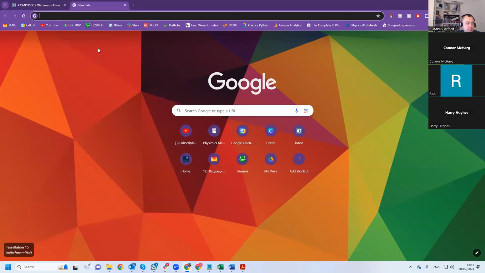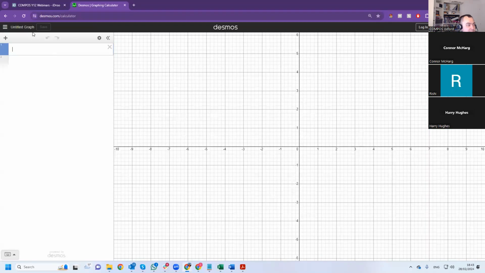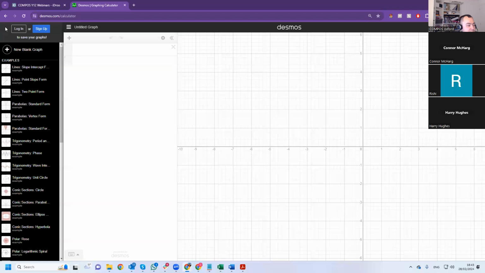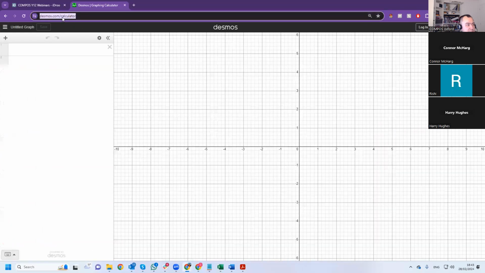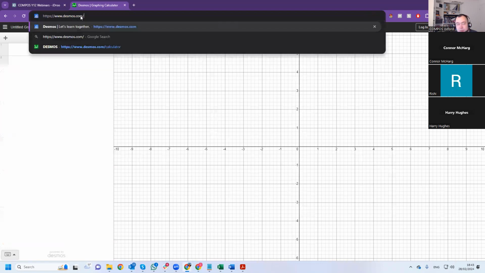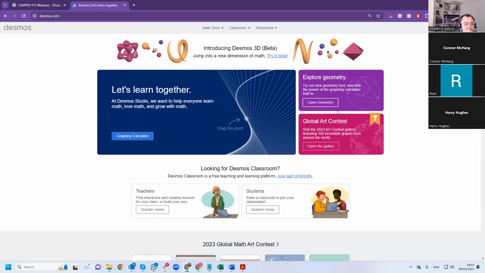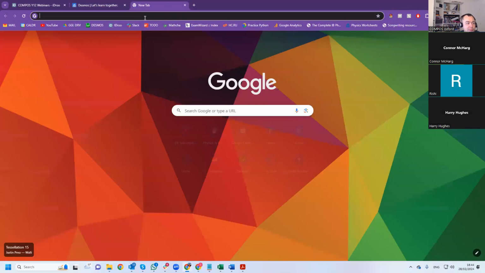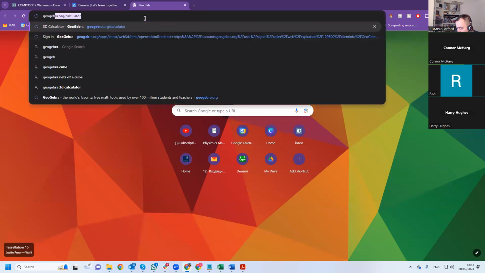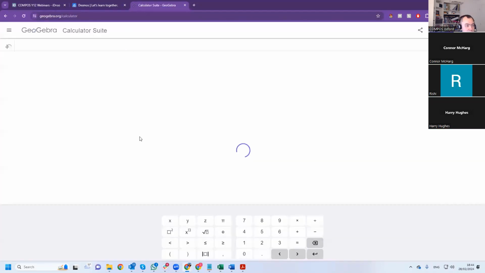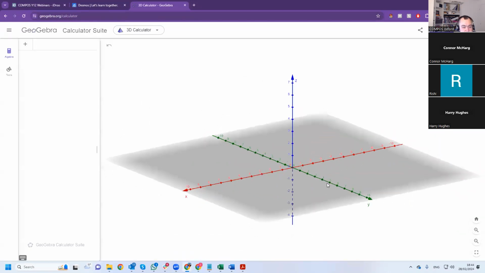But a quick view will tell you that in fact this is not true. Does Desmos have 3D? I forgot. I know GeoGebra has 3D, definitely. Let's go to GeoGebra. Okay, so this is 3D.